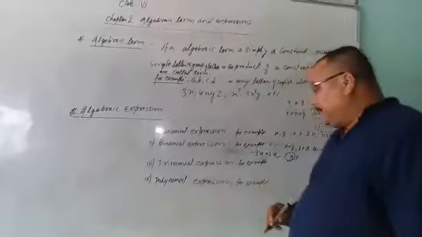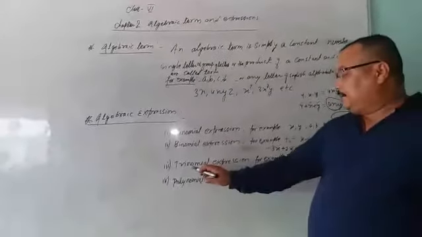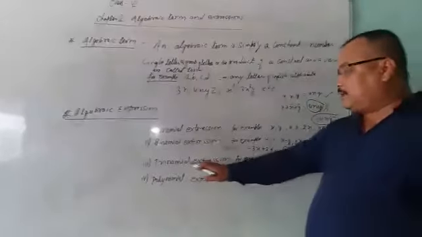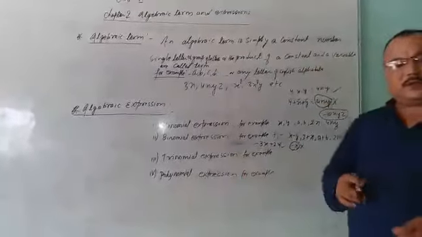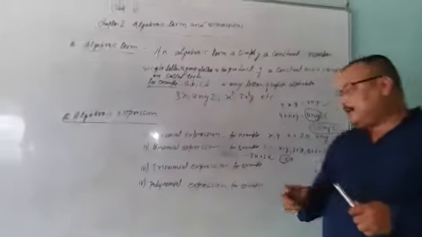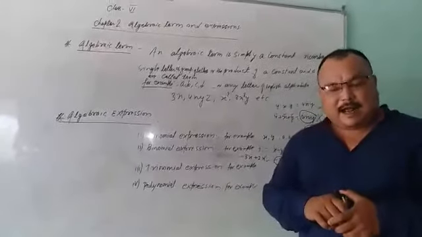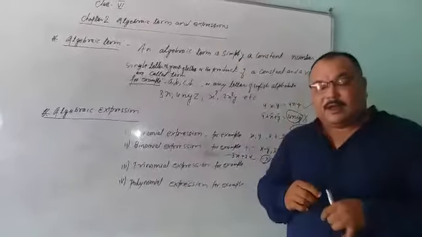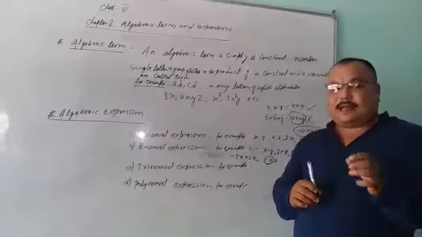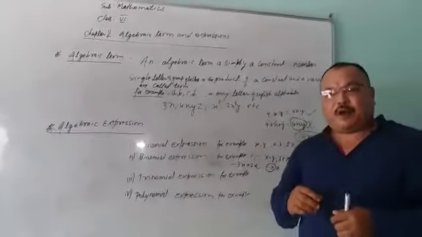Understood, my dear students? And the third expression is the trinomial expression. My dear students, a trinomial expression means an expression which has three terms separated by plus or minus sign.